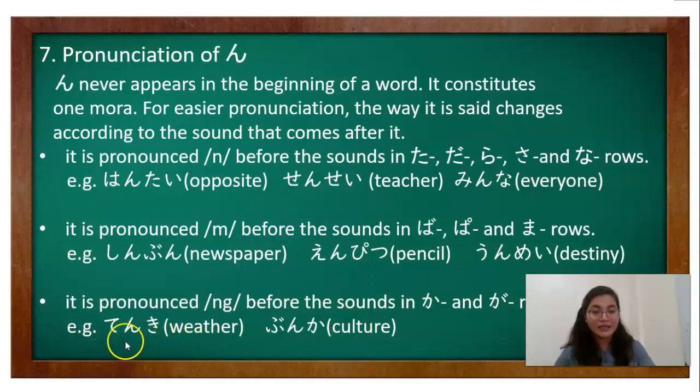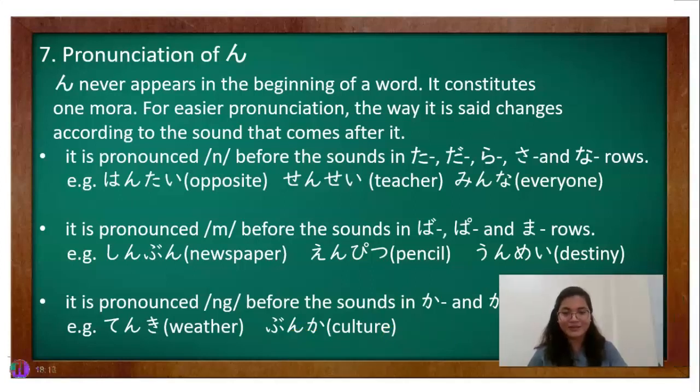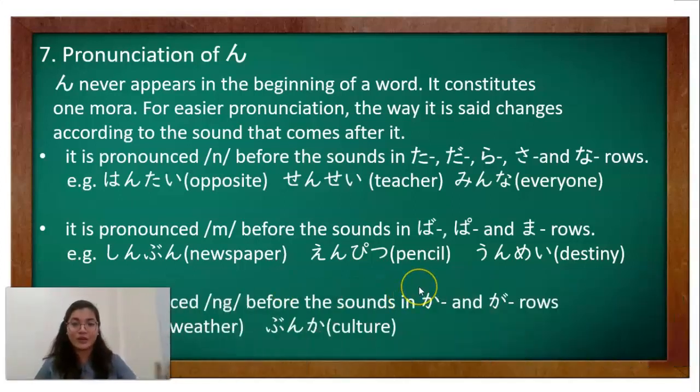Tenki means weather. Next, bunka. Bunka means culture. Okay? So that is how you pronounce N in different ways. As I said, it changes according to the sound that comes after it.